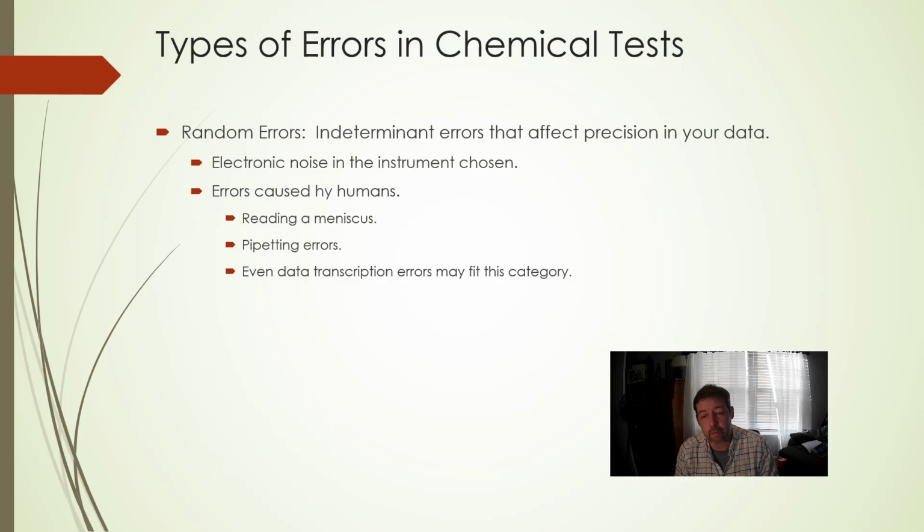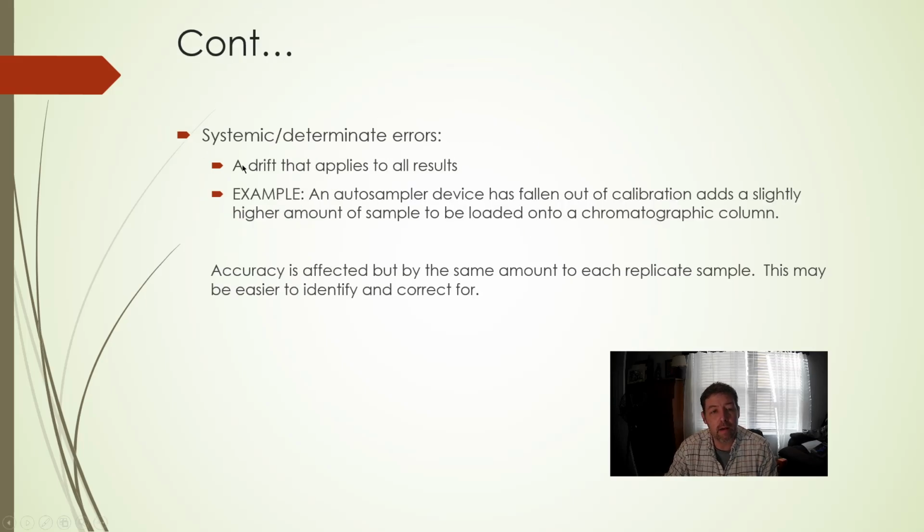Pipetting errors, not every human being pipettes exactly the same way. There could be a little bit of error introduced there, and even data transcription errors may fit into this category. People may make errors when they write down results. It happens. We see it happen all the time. So these are types of errors you've got to keep an eye on.